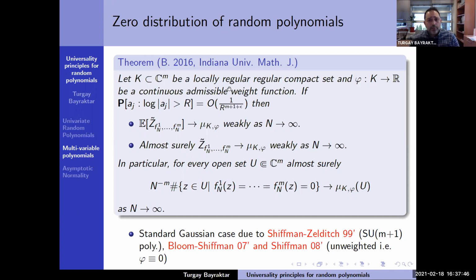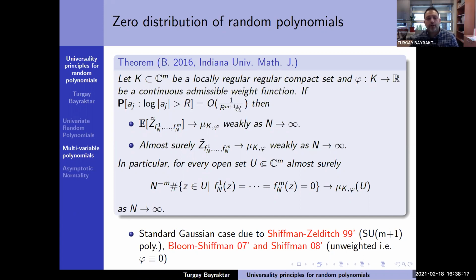Now you put some moment assumption on your coefficients. Remember, in the one variable case, this global universality result needed just a finite logarithmic moment assumption. Now here I'm assuming a bit more: that the probability of this disk decays like 1 over r to the power of the dimension of the ambient space plus 1 plus epsilon, some positive number.